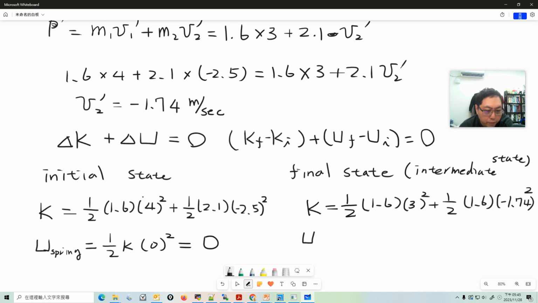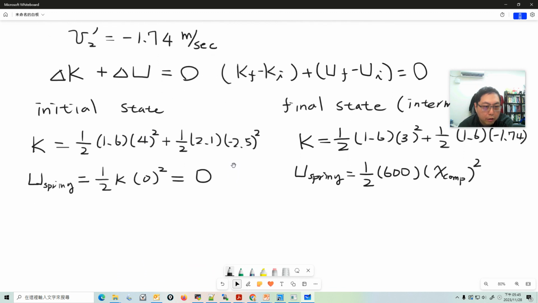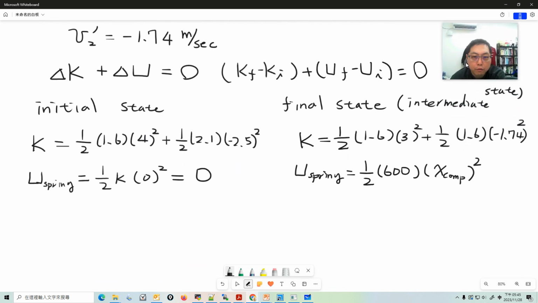And the spring is now compressed. Its force constant is 600 Newton per meter, and the compression value we don't know, so we just square it. So we can put all the information in there.